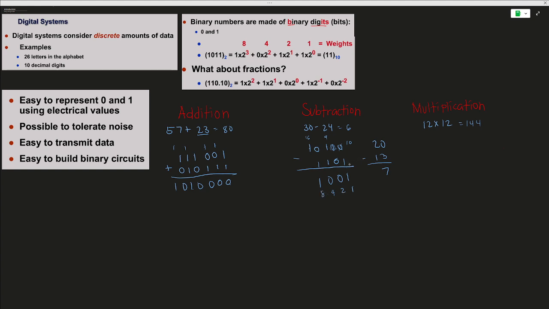Sorry, wait lang. Parang namali ako. Wait lang. 1, 2, 4, 8. So 8 plus 4 is 12 plus 1, 13. Okay, tama. So this one, 1, 2, 4, 8, 16, 20. So 20 minus 13 is 7.